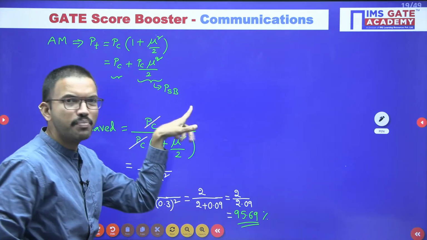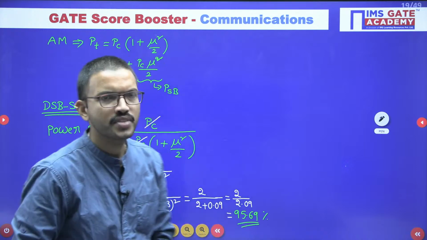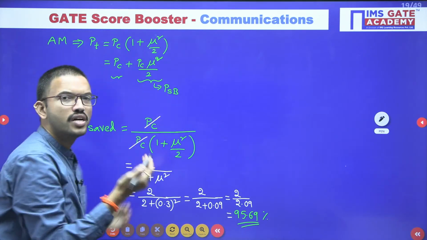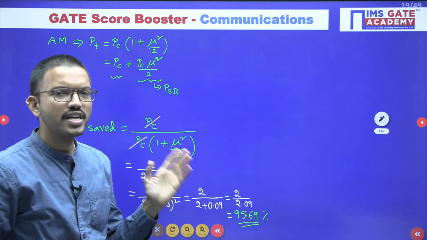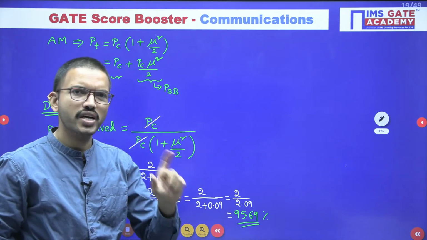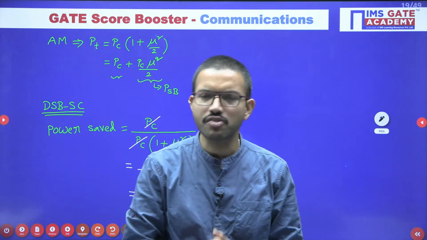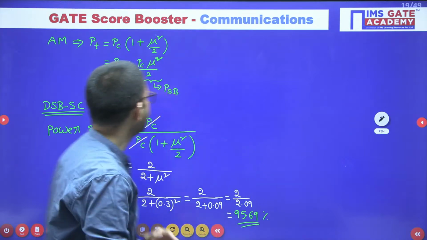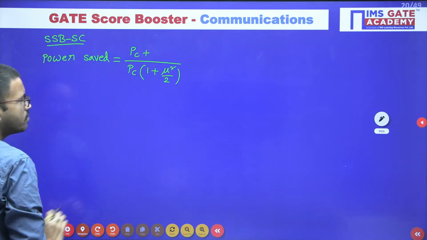That means whatever power the other sideband would get, that much power we are saving. So whatever the total sideband power PC mu square by 2, just consider half of that, which is nothing but the single sideband power. You have an upper sideband and a lower sideband, so you can consider the power of any one of them. If you are transmitting the upper sideband, you have saved the lower sideband power, or if you are transmitting the lower sideband, you have saved the upper sideband power. So PC mu square by 2 divided by 2 is nothing but PC mu square by 4.